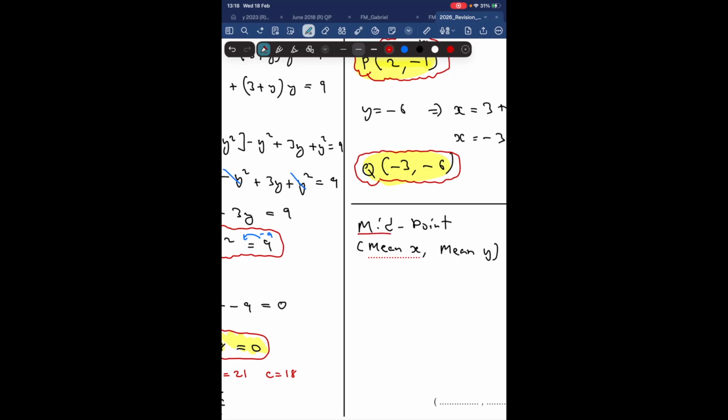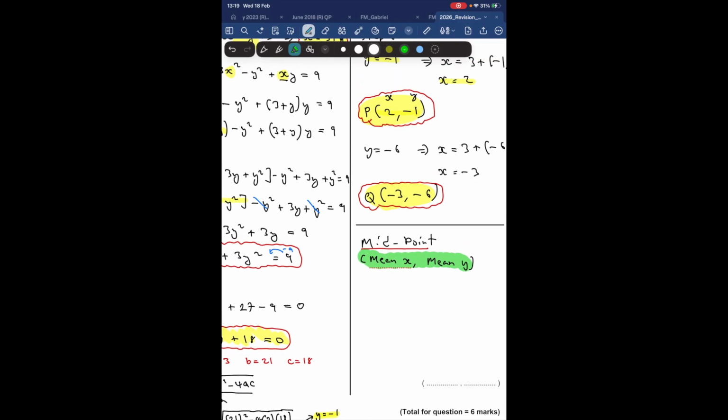So that's how we basically work out the midpoint. A little bit of coordinate geometry that you need to remember. The midpoint is always going to be the mean of the x coordinate and the mean of the y coordinates.